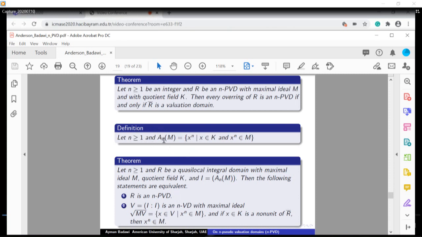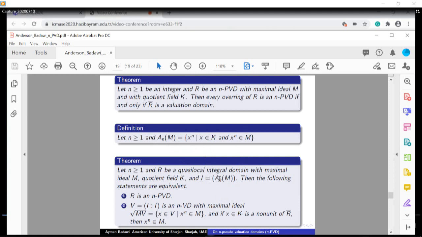A_n(M) means the elements x to the n, such that x is in K and x to the n is in M. All right, that's this set. Then in this result, you take I to be the ideal generated by these elements, which by definition are in the integral domain R.